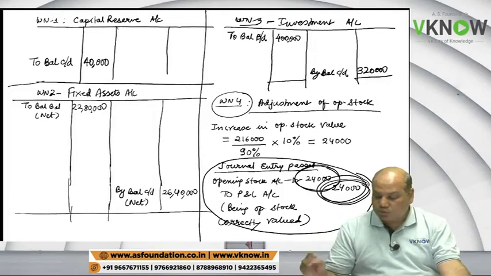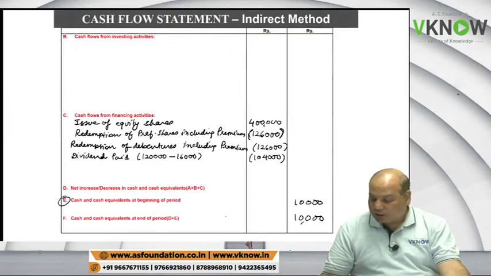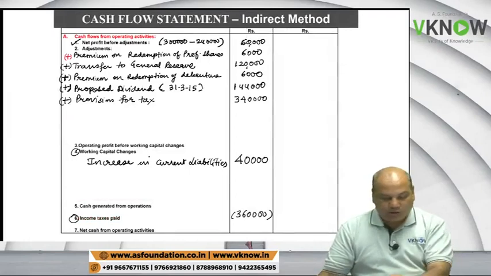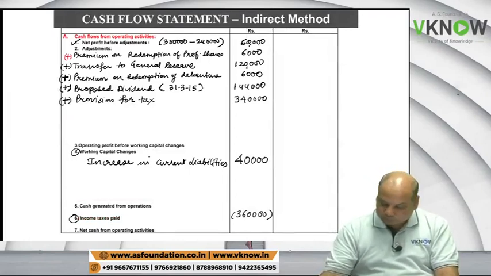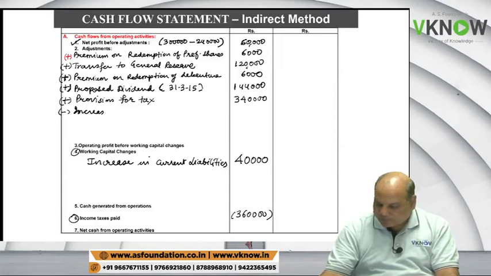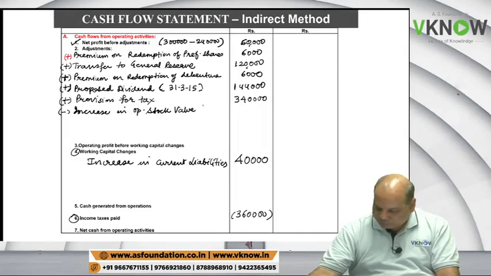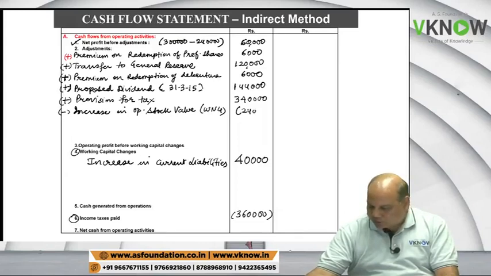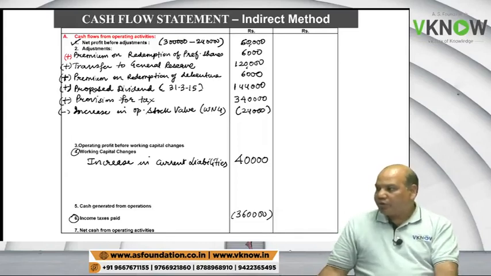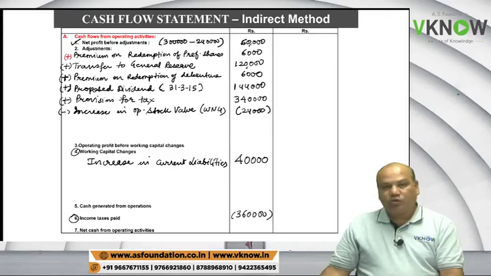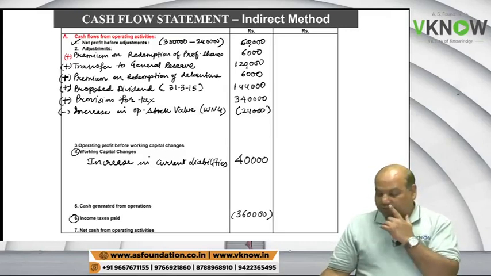So first I have to go to adjustment, and in adjustment I have to write less: write down increase in opening stock value. Working note 4, in bracket 24,000, because we have credited a non-cash item.